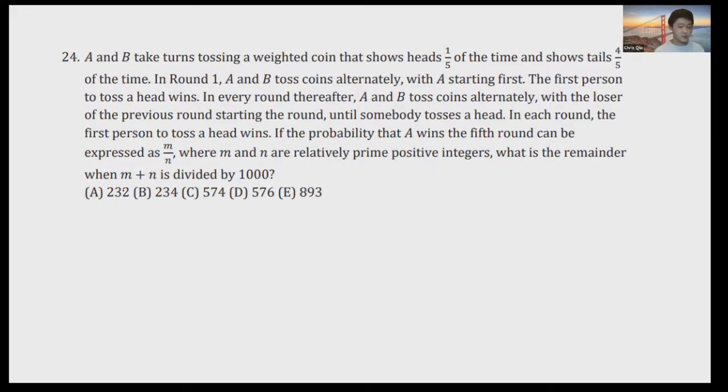So first we can find the probability that the first person in a round will win the round. Either the first person gets a head immediately, which happens with 1/5 chance. If the first person is not that lucky, he can still win. There's a 4/5 chance that he fails first, and he needs B to also fail, which is another 4/5 chance, and then he wins on his second try.